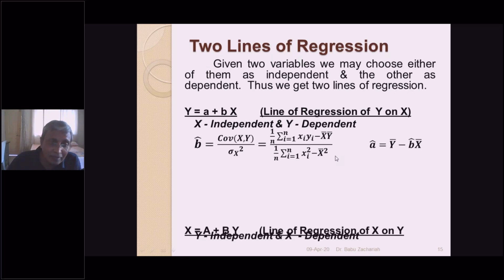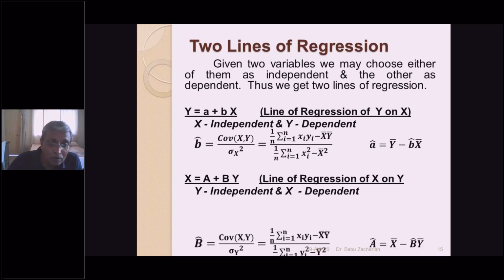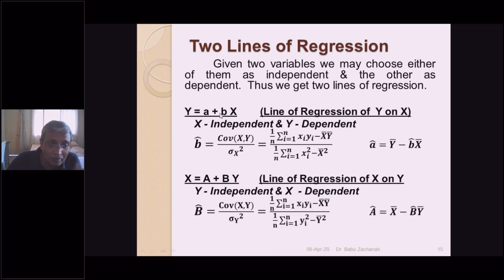Now there's the other choice. Instead of x as independent, here y is taken as independent. Instead of y as dependent, here x is taken as dependent. Okay, so not to confuse between these, for this one I have put in place of a capital A, in place of b capital B. Okay, so we get the next line.